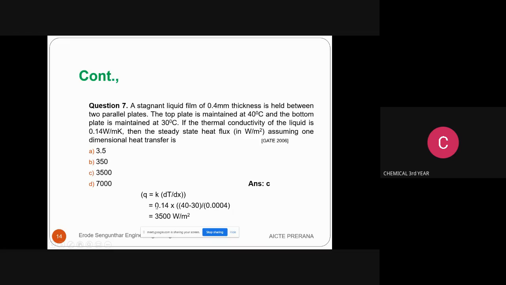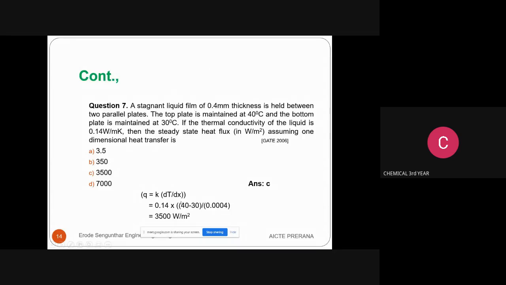If we substitute all the values in the same formula, because here they are asking for the heat flux value only, Q is equal to k dT by dx.